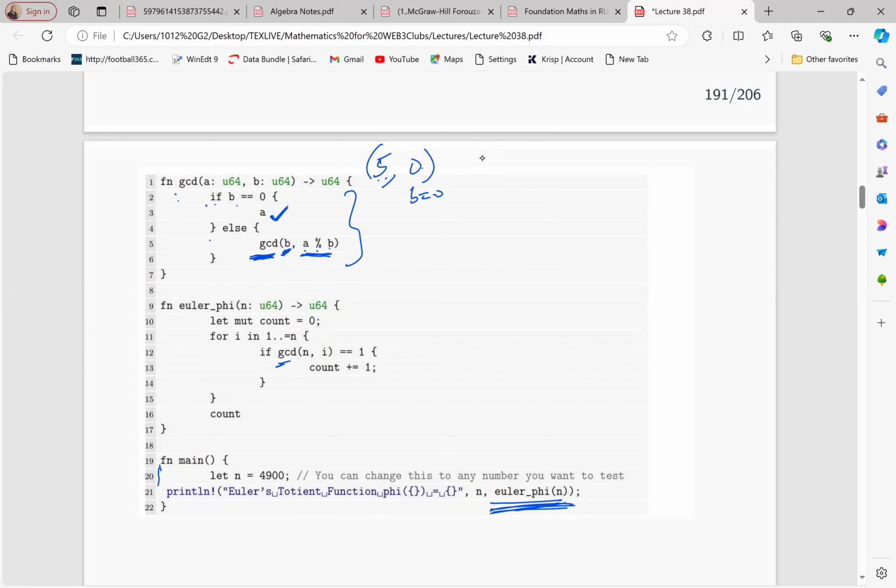Now, once it calculates the GCD, the Euler function takes over. The Euler function begins by letting the Euler phi of n be 0, but it's mutable.